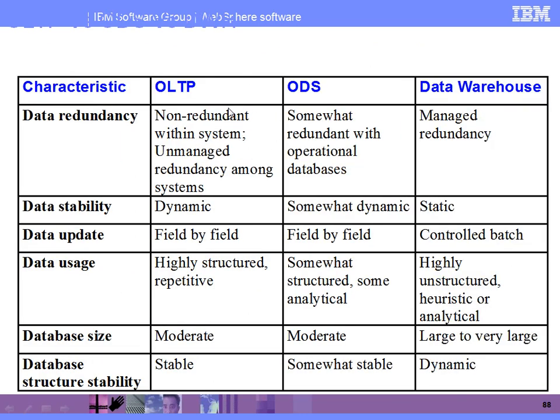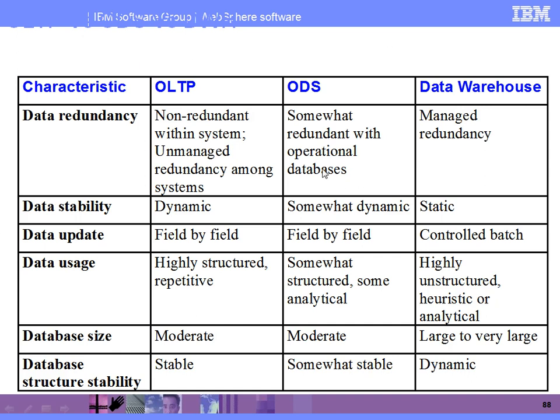Now see the difference between OLTP, meaning the front end, ODS, and warehouse. Data redundancy wise, in OLTP the front end system has no redundancy within the system itself, or sometimes unmanaged redundancy among the systems.